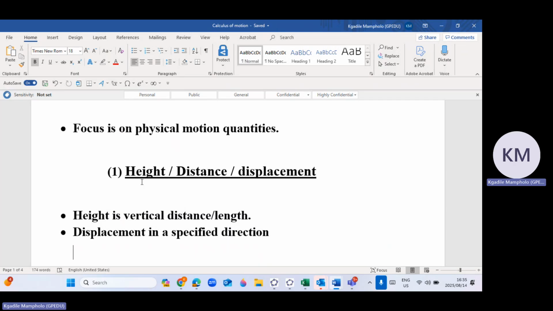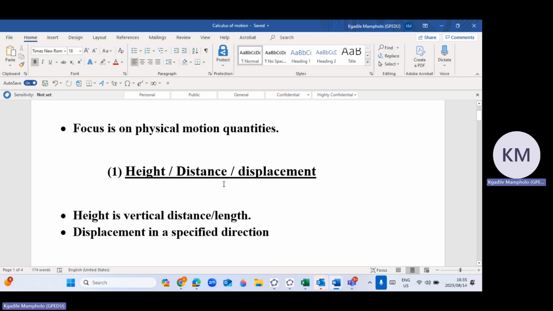If I say I travel a distance of 100 kilometers, and I don't specify the direction, it's a distance. But if I say I'm traveling 100 kilometers going to the west, then this is a displacement.